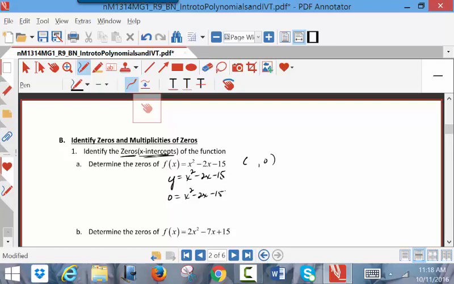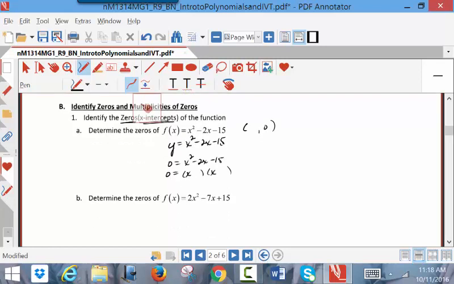Okay, it's probably been a while since y'all have done this, but what you have to do is factor this thing. And so you get an x and an x. You think of two numbers that multiply to be a negative 15 and add to be a negative 2, which is a 3 and 5 combination. Your 5 is going to have to be negative, and your 3 will be positive. Then what do we do?